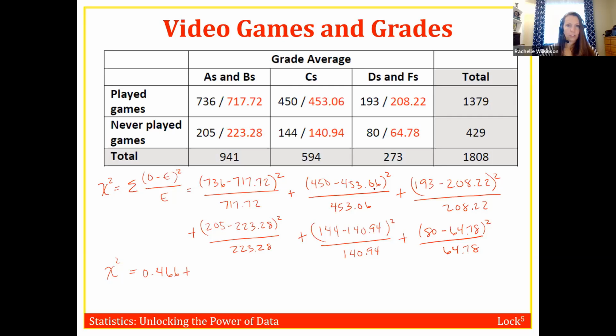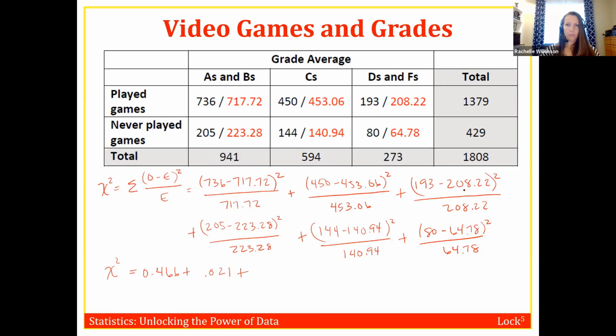All right, that was this first chunk. Now I'm going to do this second chunk here. I have 450 minus 453.06, which equals negative 3.06. Then I square that and divide it by 453.06, which gives me 0.021.